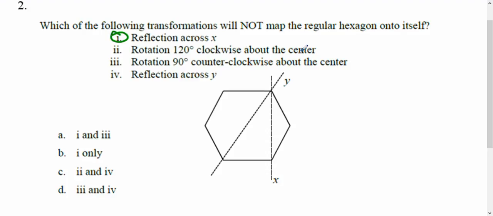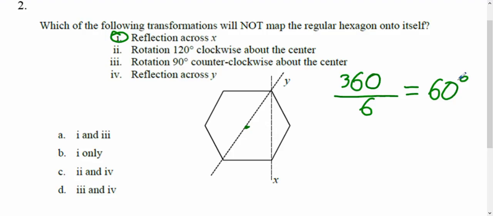A 120 degrees clockwise rotation about the center. If you rotate around the center, we're just looking for how many degrees it could rotate. Since there are 6 sides, 6 vertices that are all evenly spaced out, we take a full rotation of 360 divided by 6, and we get every 60 degrees it maps onto itself.